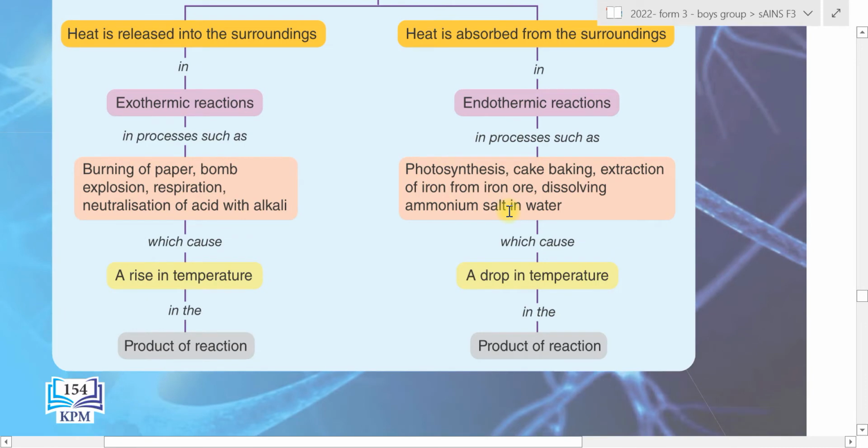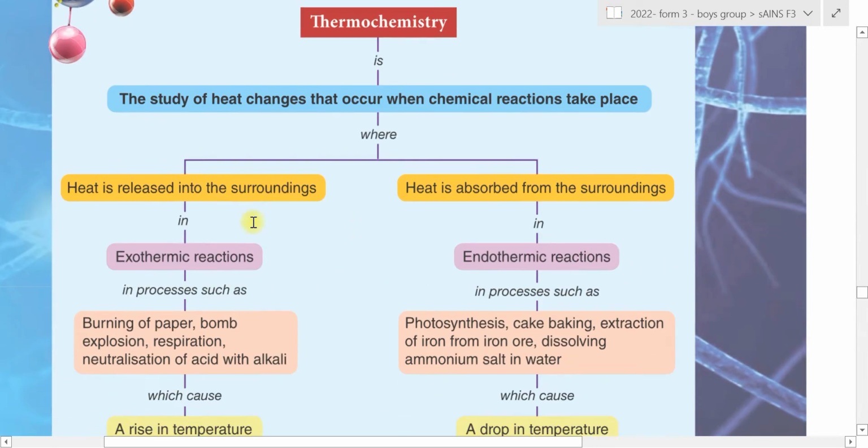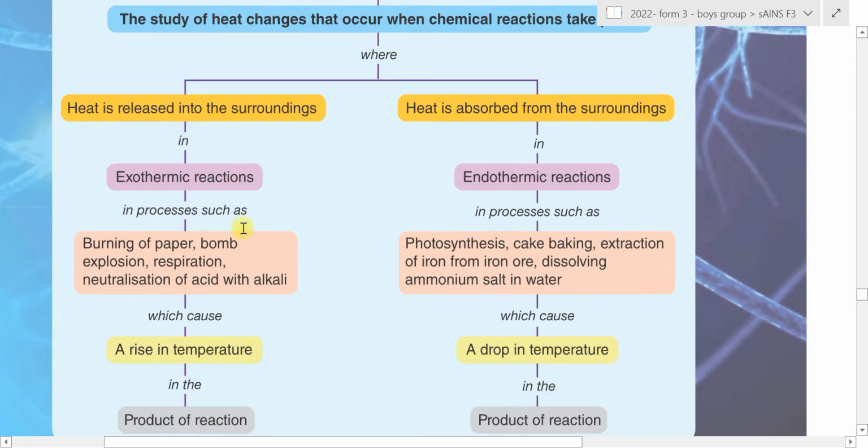So in short, thermochemistry is the study of heat change that occurs when a chemical reaction takes place. How can the heat change happen? Heat can be released into the surrounding, or heat is absorbed from the surrounding. If heat is released, it's called exothermic.